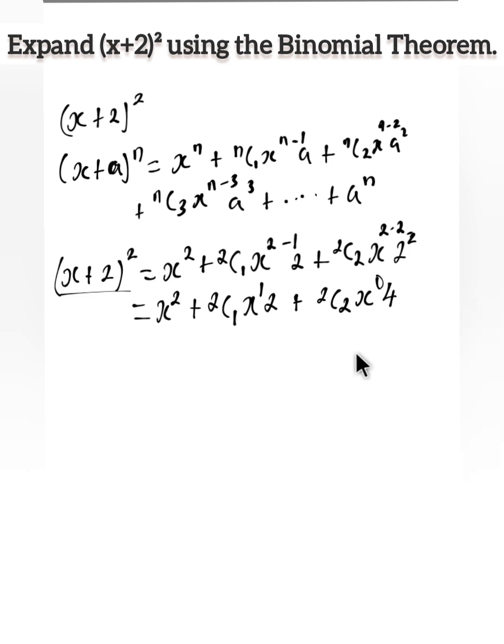Now we need to simplify this further. It's going to give us x squared plus 2 combination 1. We need to remember that when dealing with combination, n combination r is equal to n factorial all over n minus r factorial, r factorial.